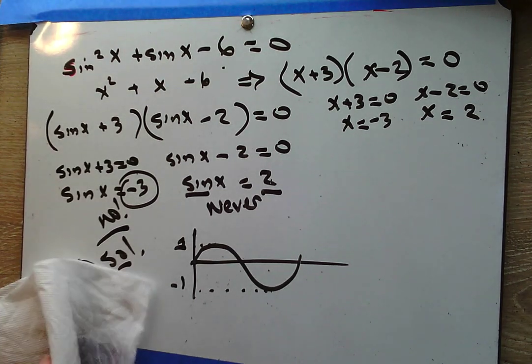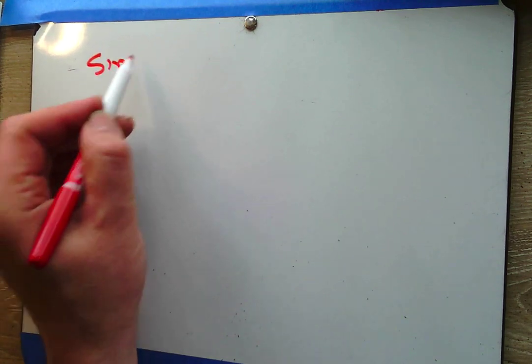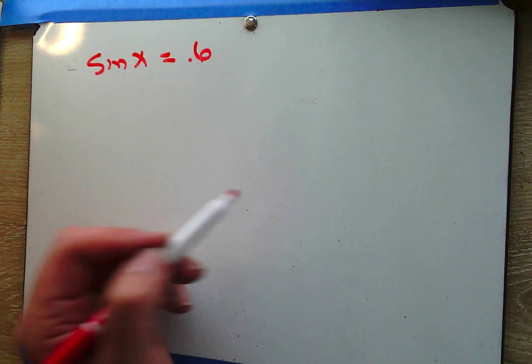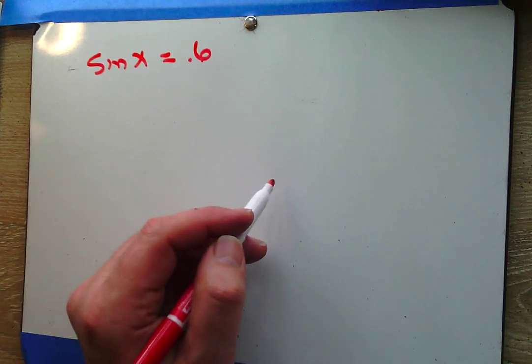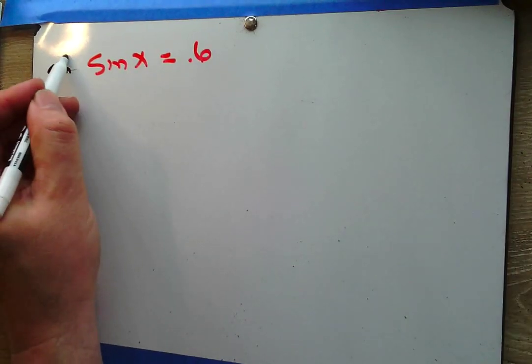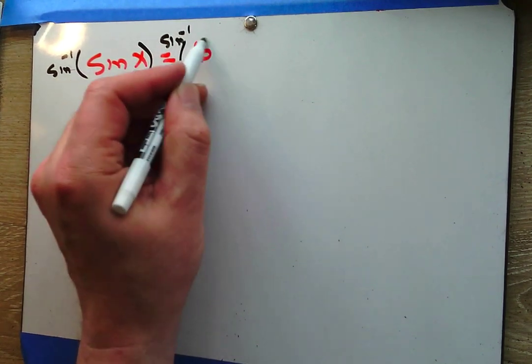Okay, last one I want to look at with you is this one. Sine x equals 0.6. Well, I don't know 0.6 from my unit circle, but I do know, because we've done section 4.7, that I could solve for x by doing the inverse sine of both sides.